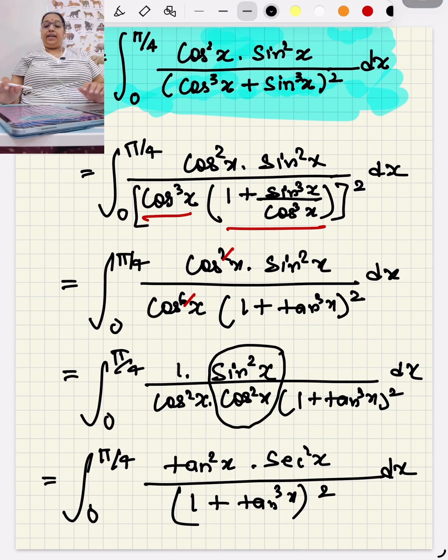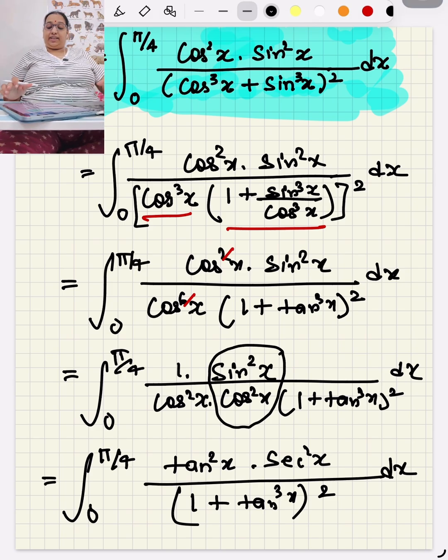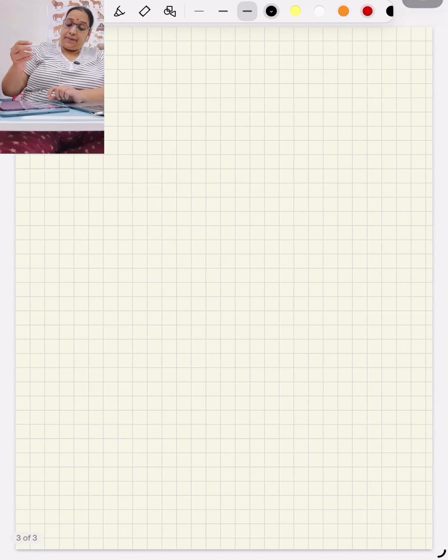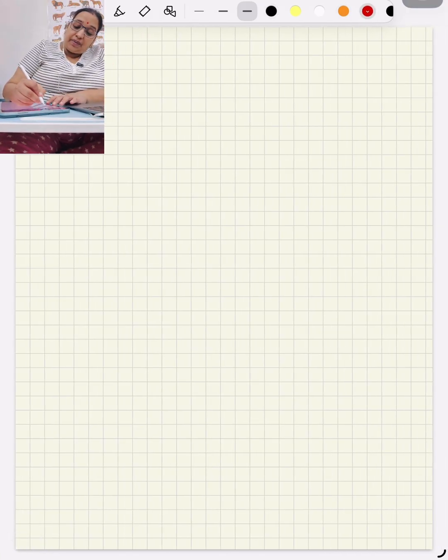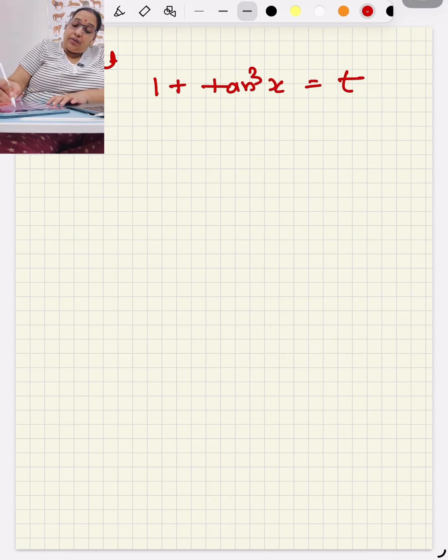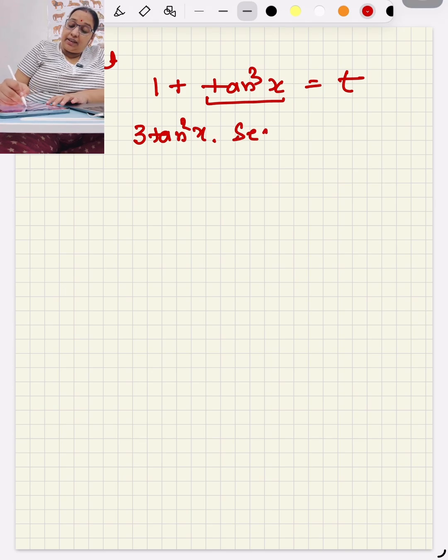So now you can take 1 plus tan cube x as t, and let's use the substitution method. So let 1 plus tan cube x equal t. Differentiate: the differentiation of tan cube x is 3 tan square x, and the differentiation of tan x is sec square x. So the differentiation of tan cube x is 3 tan square x times sec square x.